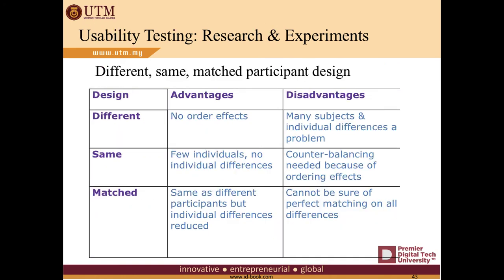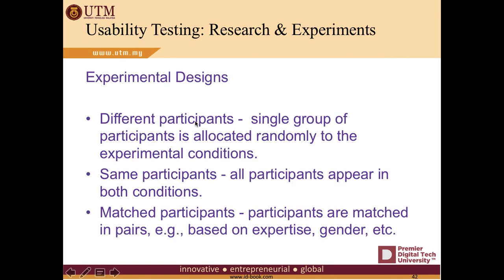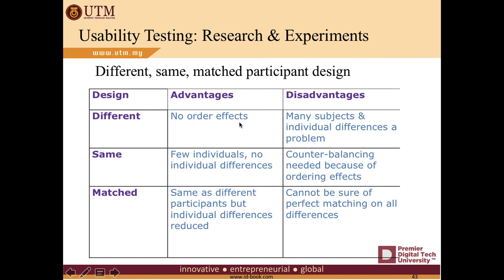There are a lot of differences, advantages and disadvantages in using these three design styles. You can choose either one of them, or you can conduct more than one experiment. With different group participants, the advantage is no order effect; the disadvantages are many subjects needed and individual differences being a problem.